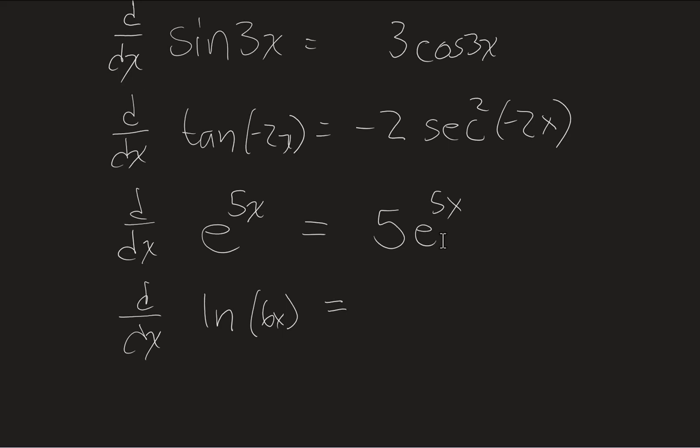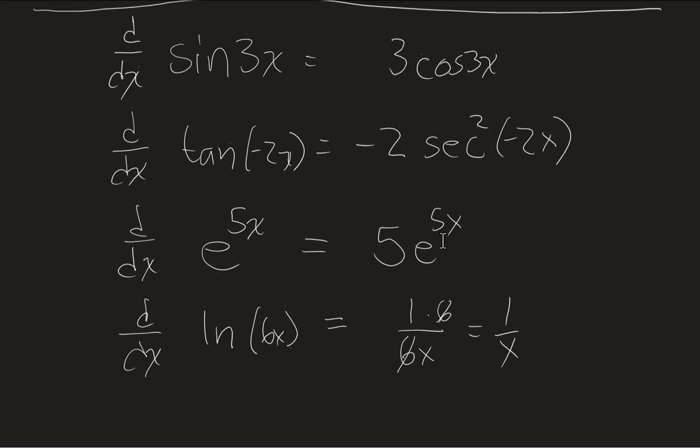And so it's always going to be true with natural log. The derivative of natural log, a constant times x, is going to be 1 over x. That's just an interesting thing. Okay, so that was your brief introduction to the chain rule, but the big thing I wanted to look at was these special functions, and then now we'll see how to use the chain rule in general.